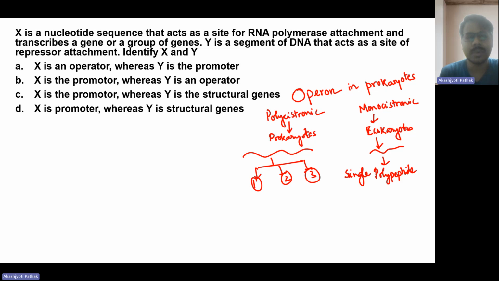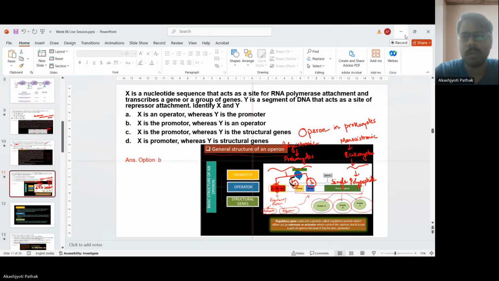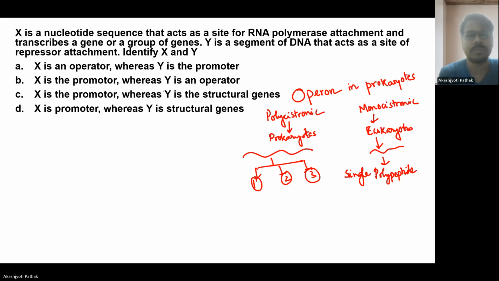X is a nucleotide sequence that acts as a site for RNA polymerase attachment and transcribes a gene or a group of genes.